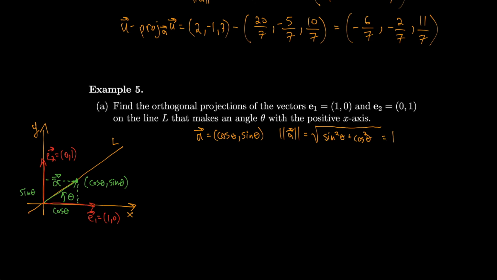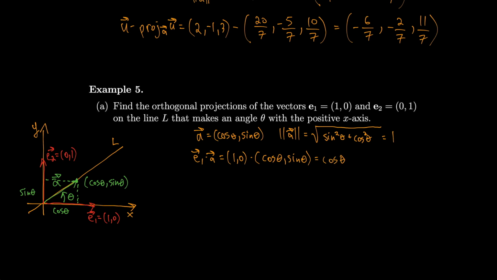So that means that now we could take e1 dotted with A, and that's (1, 0) dotted with (cosine theta, sine theta), which is just cosine theta.